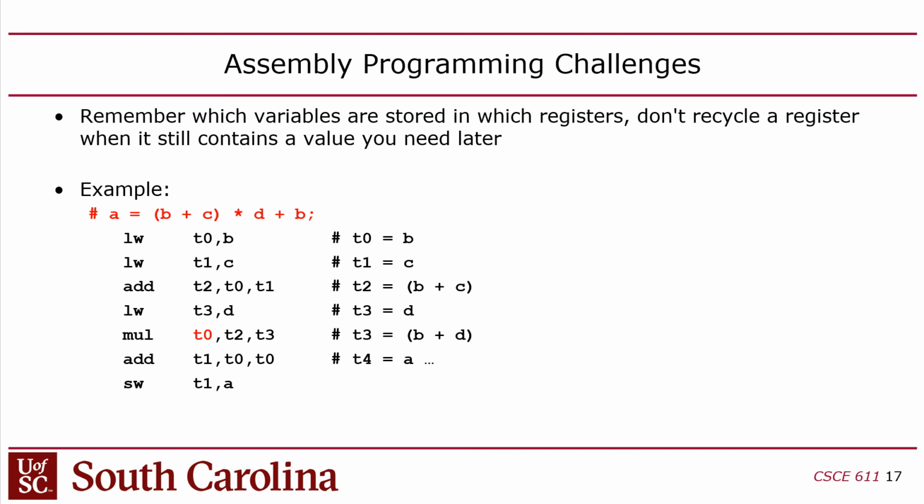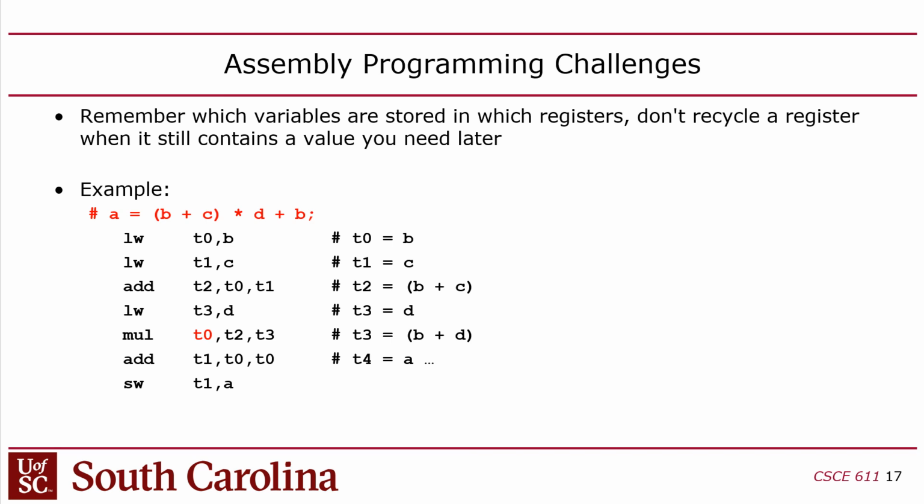Likewise, I load C into T1, and then I add B and C, which are now held in T0 and T1. And I store the result of this addition, which is a sub-expression, into T2, which is now an intermediate result containing part of the overall expression that I'm computing.